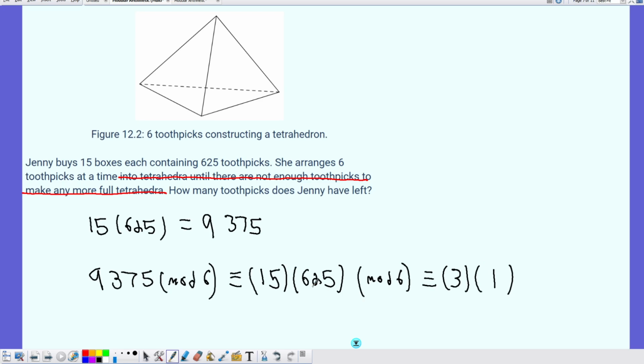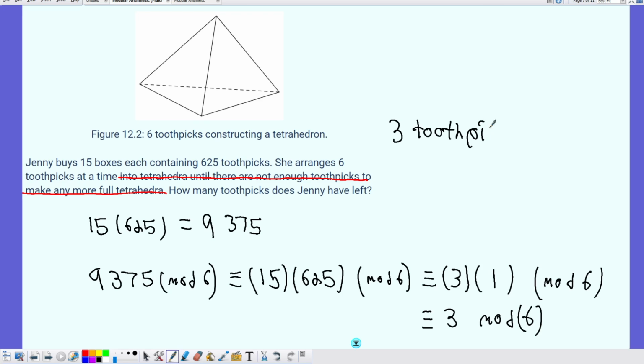So what this really amounts to is 3 times 1 mod 6, which is just 3 mod 6. What that means is that we have 3 toothpicks left over.